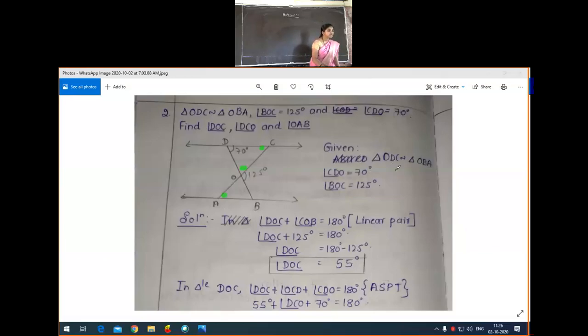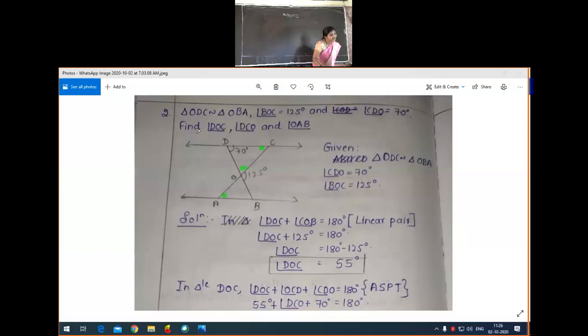Given triangle ODC is similar to triangle OBA. What is given actually? CDO is 70 degrees, BOC is 125 degrees. First write the given data on one side. Solution.